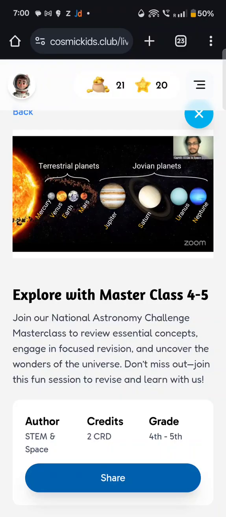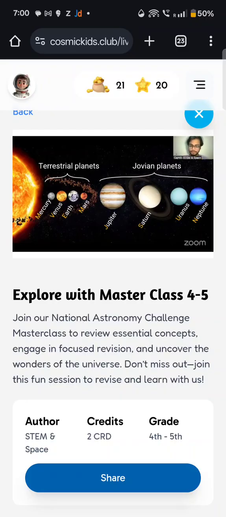The other 4 planets, Jupiter, Saturn, Uranus, Neptune, are called the Jovian planets or the gaseous planets because they are totally made up of just gases. There is no solid surface where you can land. So if you go to any of these 4 planets and you try to land, there is nothing to land upon. And these are the planets with rings. All the 4 planets have rings.